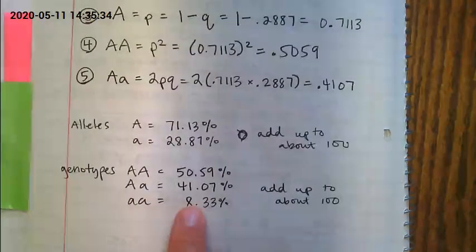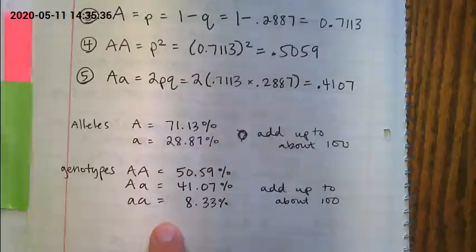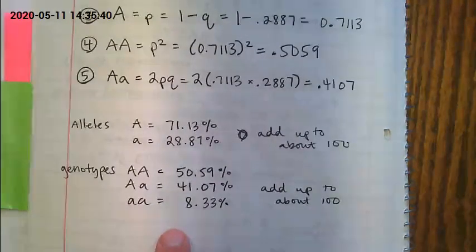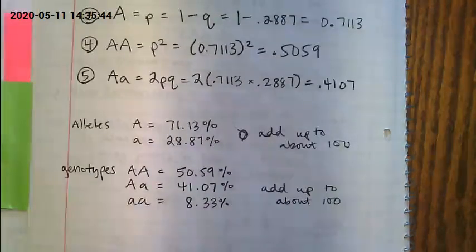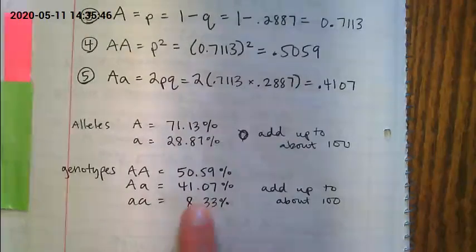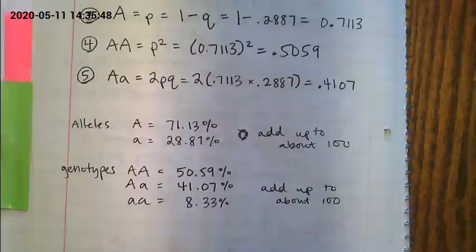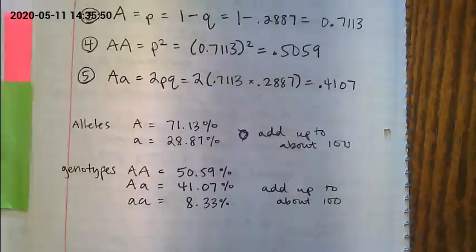If we went from 8% to 4%, are we in Hardy-Weinberg equilibrium? No, we would not be in equilibrium. If there's a change in allele or genotype frequency, then that population is out of equilibrium and is experiencing evolution for that particular trait that you're investigating. Does that make some sense?